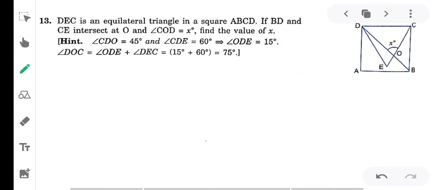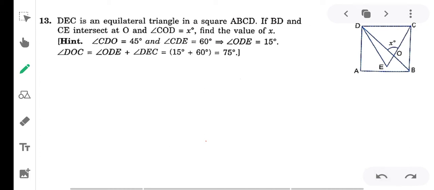Next question. DEC is an equilateral triangle in square ABCD. If BD and CE intersect at O and angle COD equal to x degree, find the value of x.